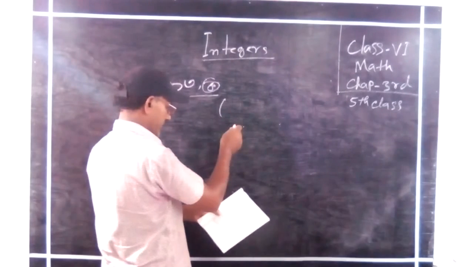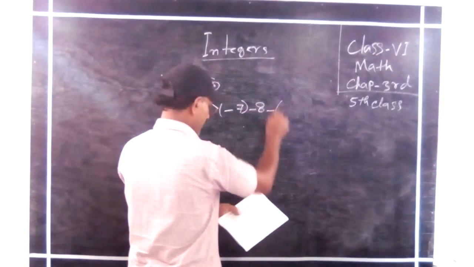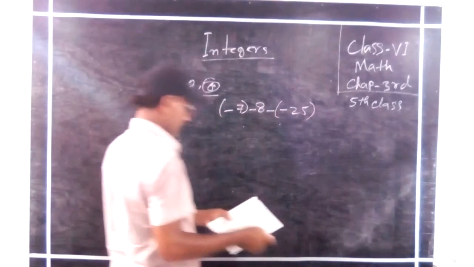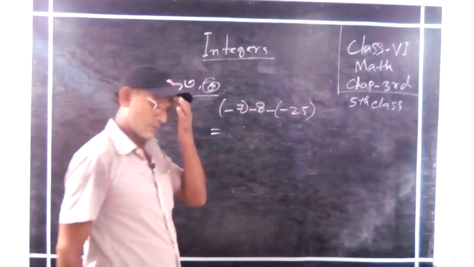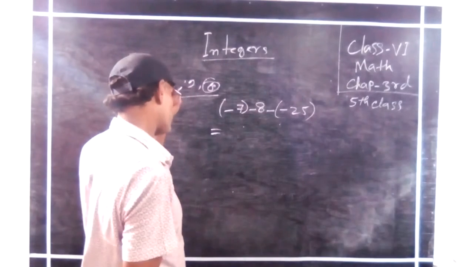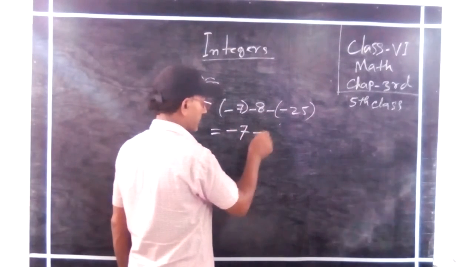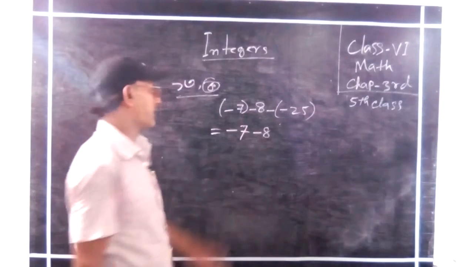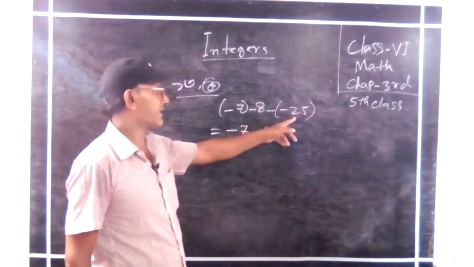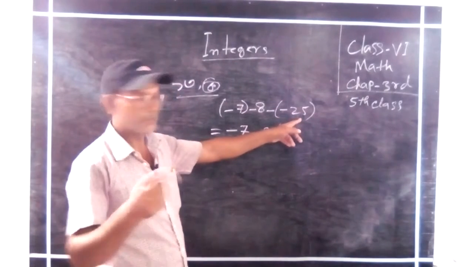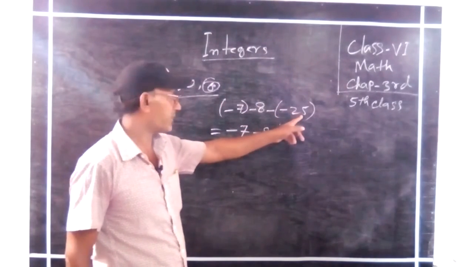Opening bracket, -7 -8 -25 equal. Here -7 -8, subtract means adding the positive inverse of that number. What is the positive inverse of -25?